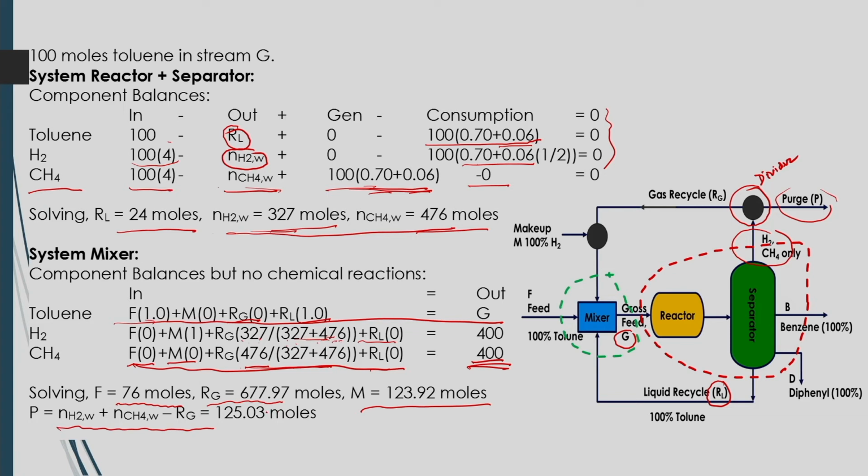This Rg you have already calculated based on the material balance, and then finally you get the purge amount as 125.03 moles.